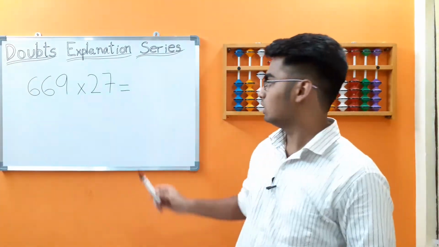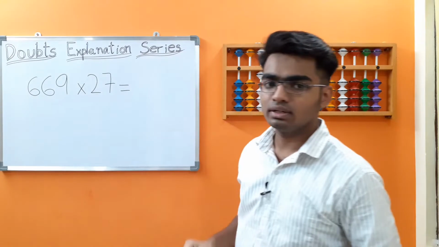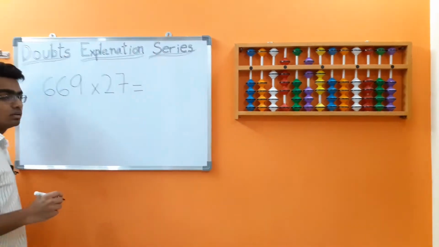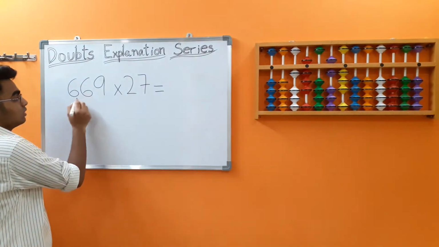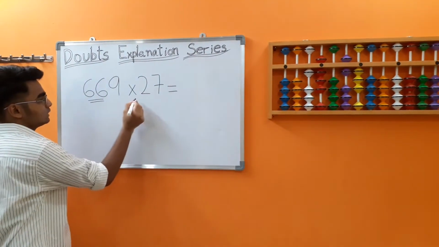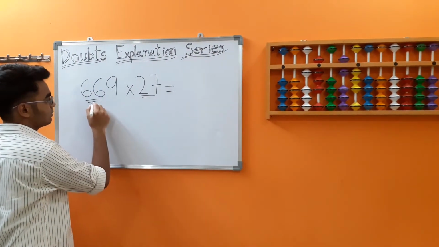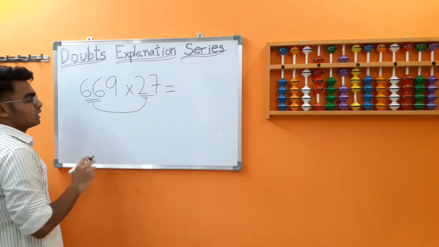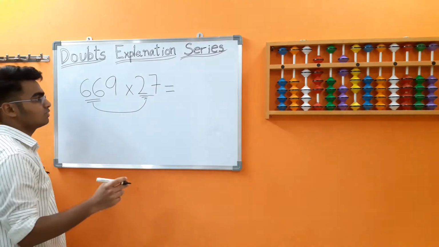Now we have a 3-digit into 2-digit. Let's break this down like we did in our previous examples. 66 into 27 would be our first part.